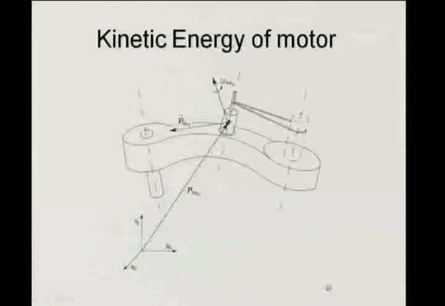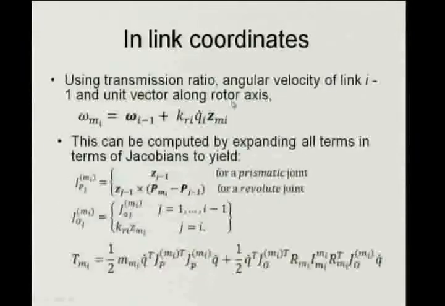Then you look at the motor, which is very similar, except that instead of position vectors going to the center of mass of the link, you have to go to the center of mass of the rotor. Then you have to take care of the fact that k is the step down or step up, the reduction ratio.